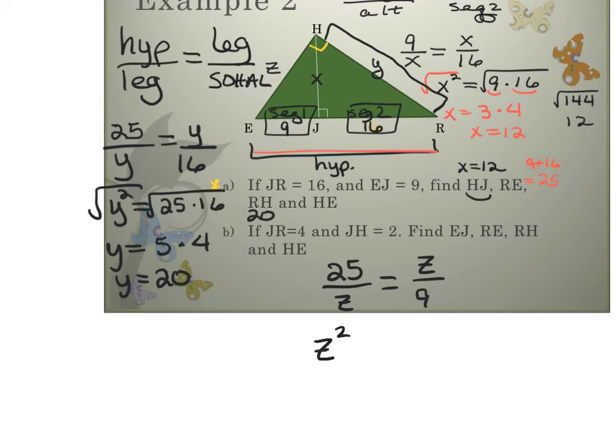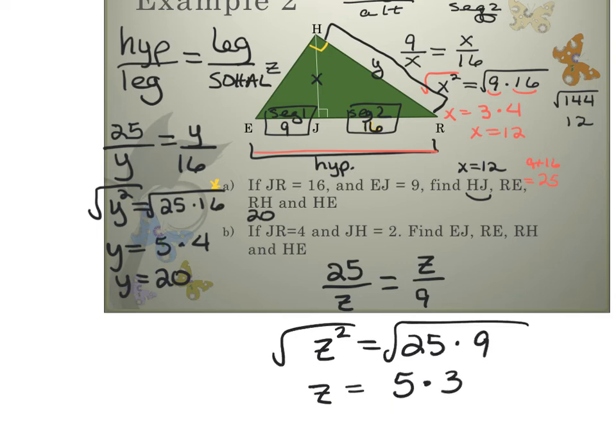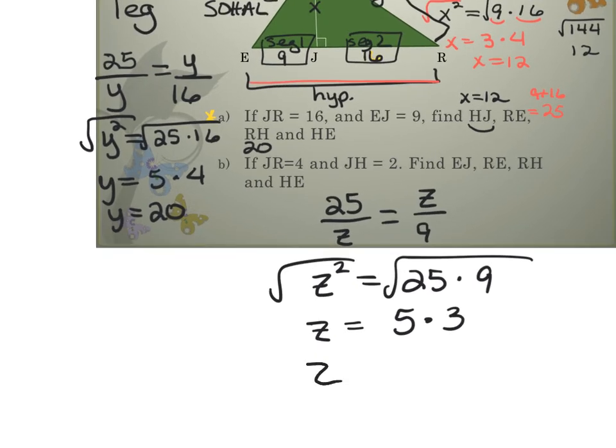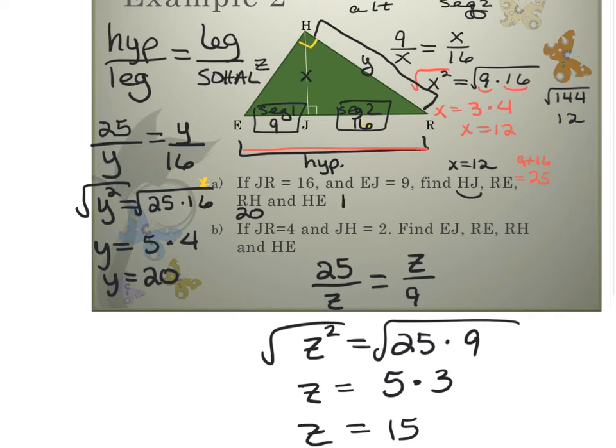Z squared is equal to 25 times 9. I'm going to square root both sides. Again, 25 and 9 are perfect squares. I'm going to get 5 times 3, and you get Z equals 15. So this leg is 15.